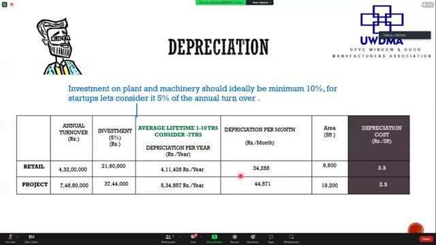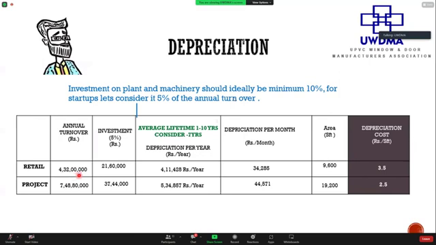Depreciation: the machinery which you are using, its value is depreciating per year, so you also need to take that into consideration. So let's see how depreciation cost is done.